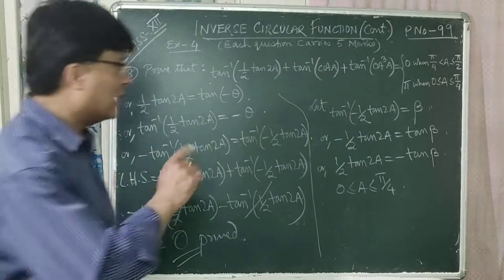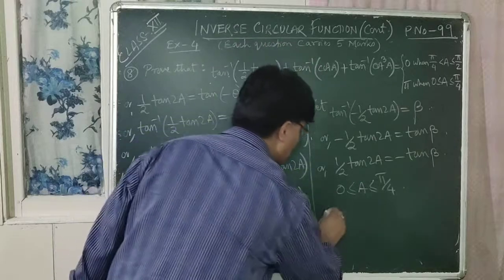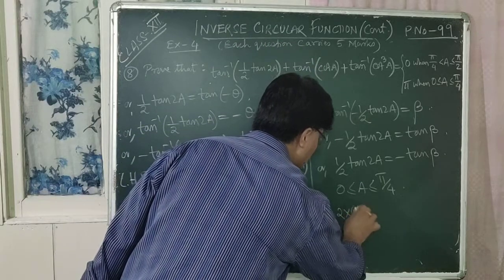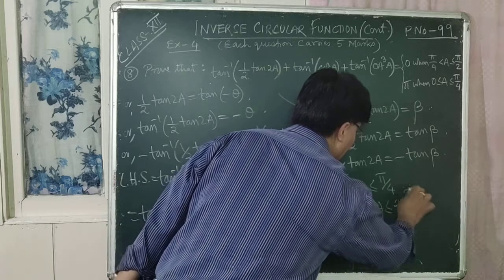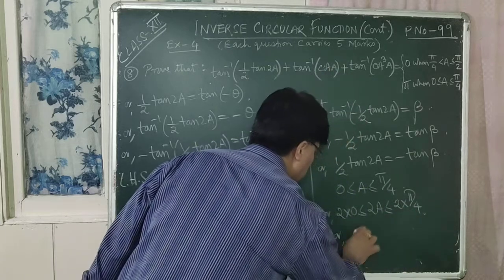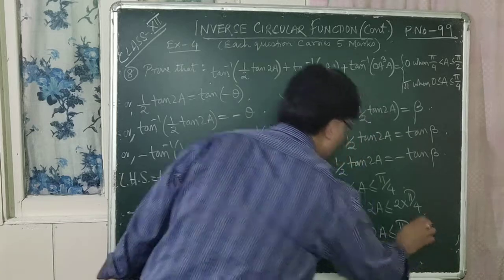Clear? Now in the next step, you multiply throughout by 2. We get 0 less than or equal to 2a less than or equal to pi by 2.